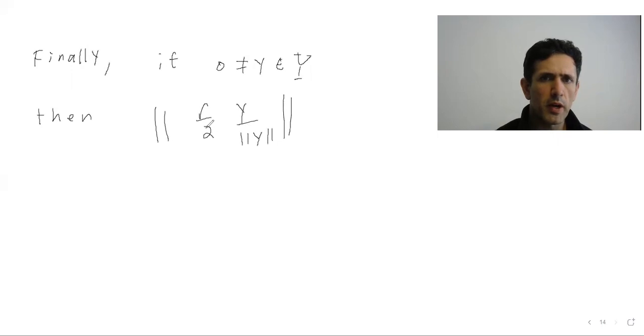Nothing special about 1/2 here. Anything smaller than 1 works. This has norm r over 2, which is less than r. So let's replace epsilon with r epsilon over 2 times the norm of y. Epsilon is allowed to be anything I please.